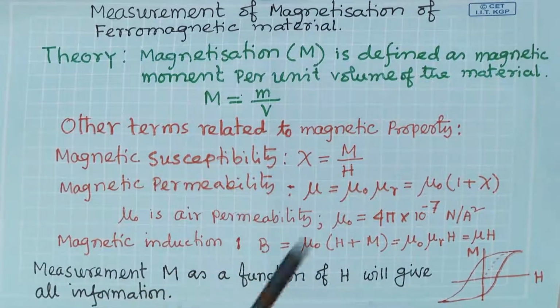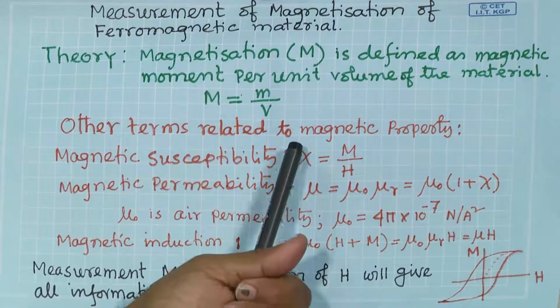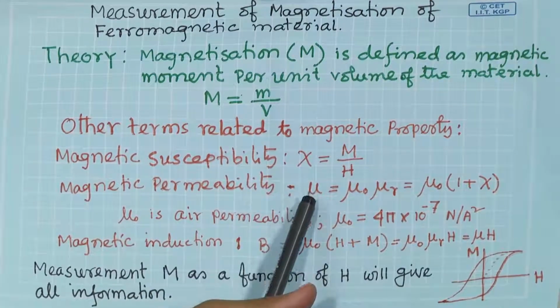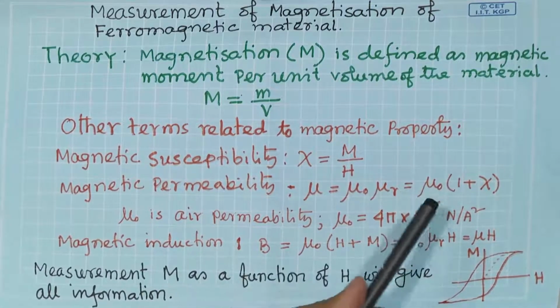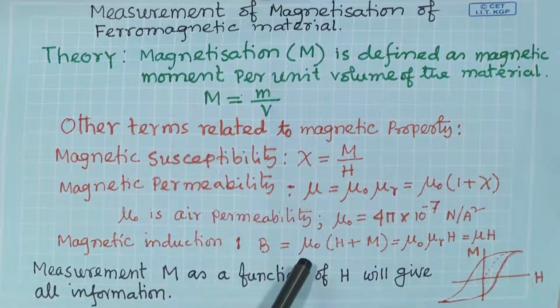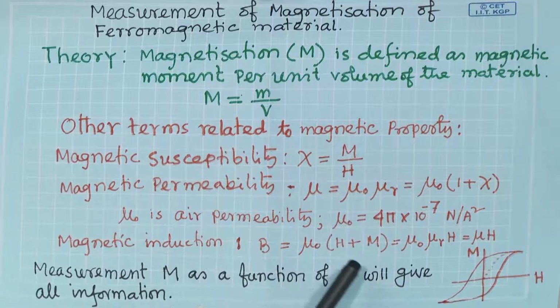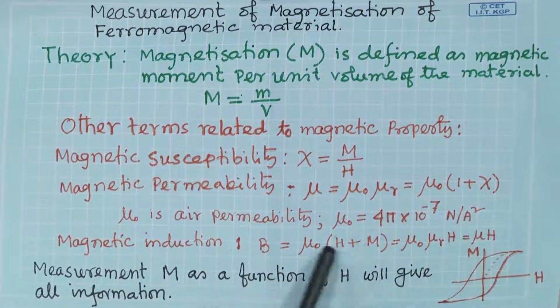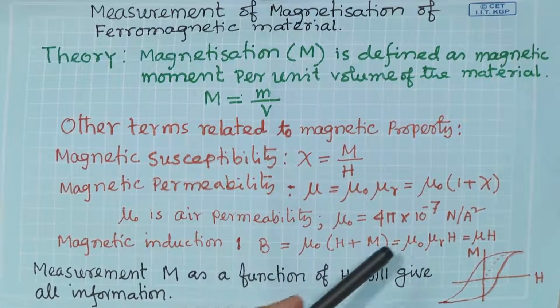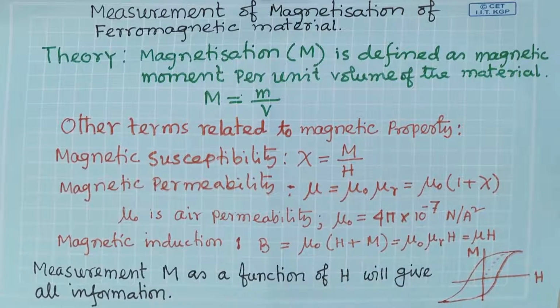We can find the susceptibility chi, then calculate the permeability, and we can also find B.